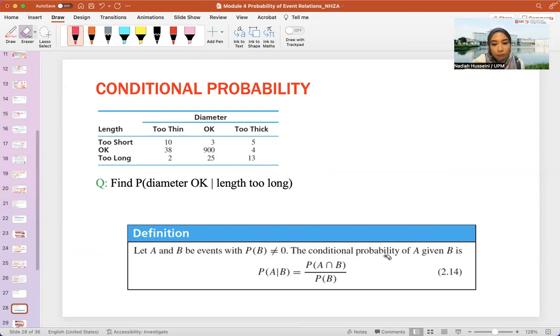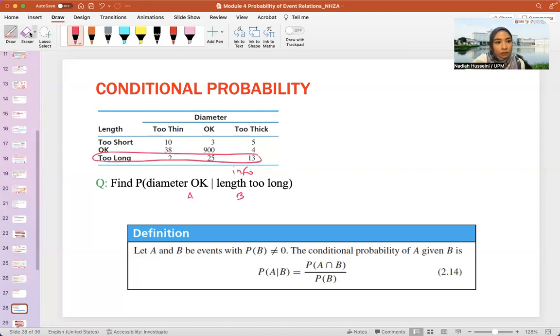The conditional probability of A given B, as in the info, this is our A and B, is this equation: probability of A intersect with B over the probability of B. What is the probability of B? Probability of B is length too long over here.